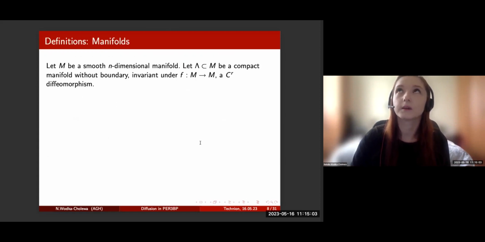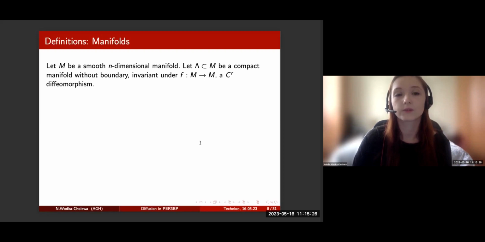Okay, so I will make now some definitions for you to understand the objects I will talk about. So some manifolds, stable, unstable manifolds, something like this, because it's not so obvious to know what is what, and I will try to explain the intuition, because maybe you know this, but the intuition.